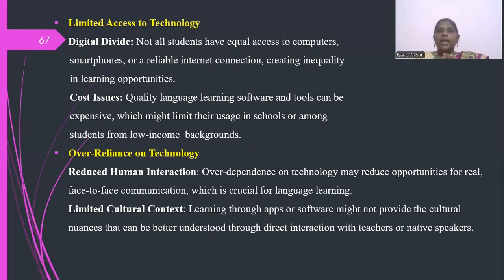We have very limited access to technology, where in the name of digital we have been divided between rural and urban, and even in urban, not all the people get all the technological speeds. In rural areas, it is much more. Not all the students have equal access to computers or smartphones, or internet connections.